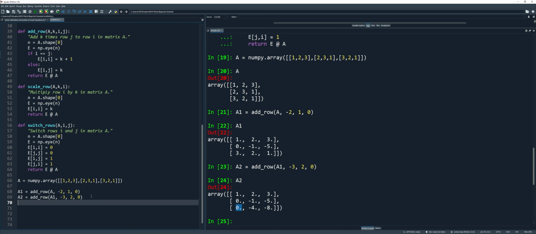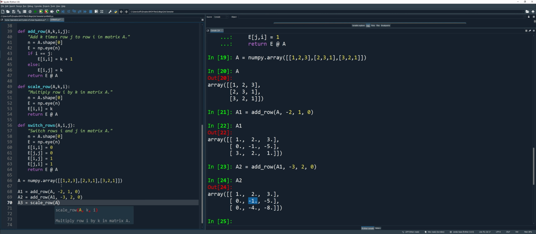So next, let's try to change this one to 0 and 0 also. And it would be easier for us if this one is equal to +1, not -1. So I'll need to do something about it. I can change this one from negative to positive by using the scale row function.